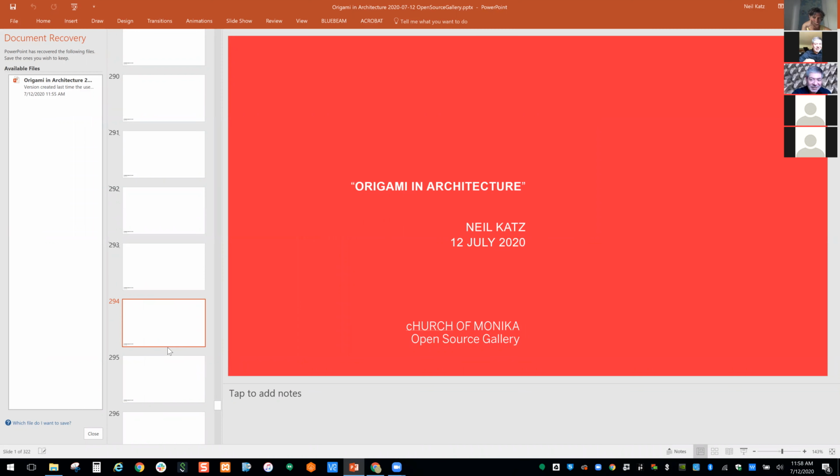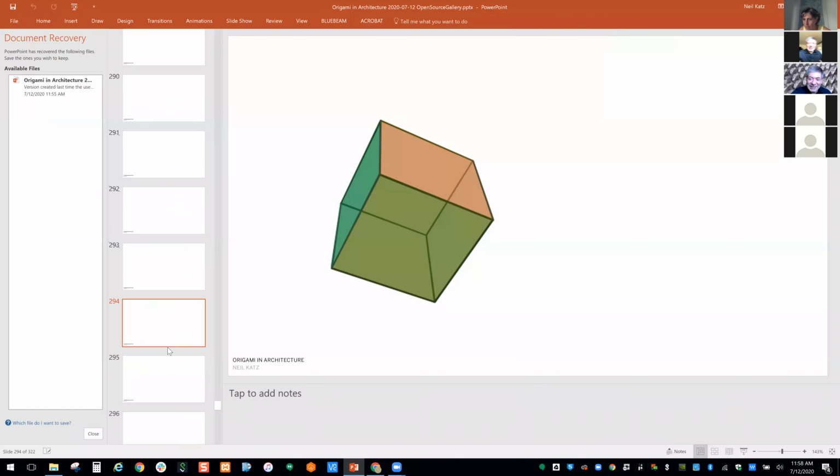Are you able to see my screen? Maybe I should unmute one of them. I think one is the better one. Is this better? Yes. I think it's good.